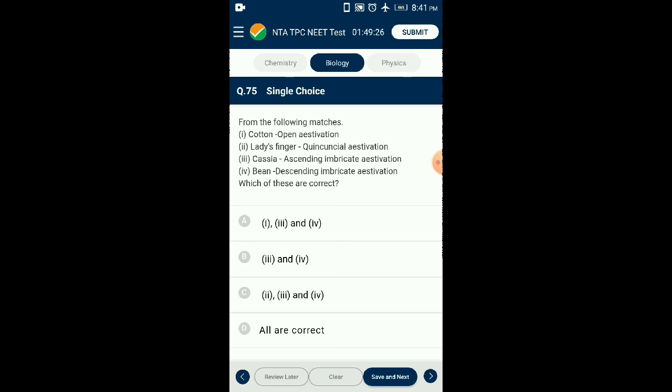In cassia, ascending imbricate estivation is correctly given. In bean, descending imbricate estivation is correctly given. So from the given four pairs, the third and fourth are correct. So the answer for this question is option B.